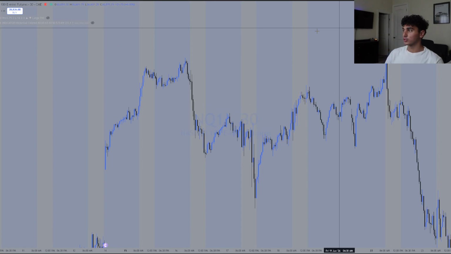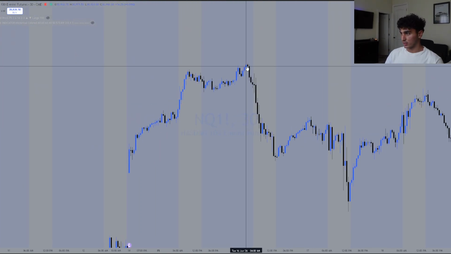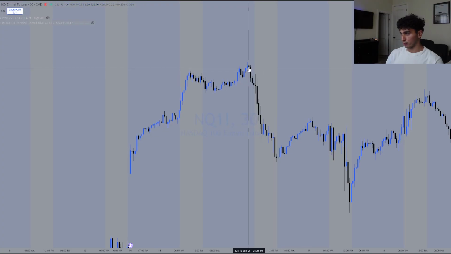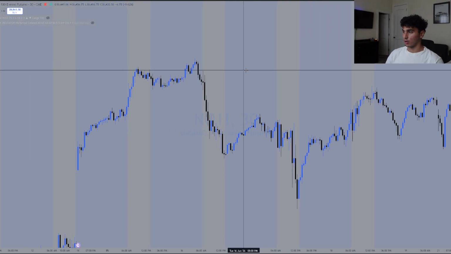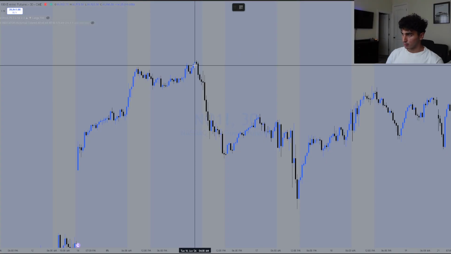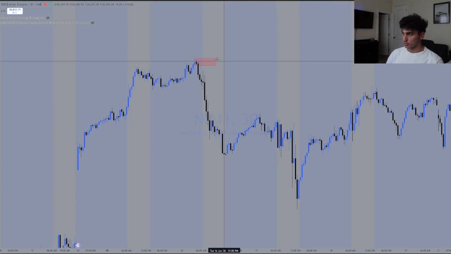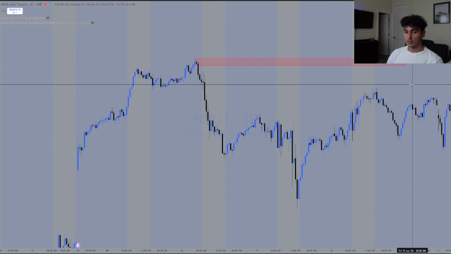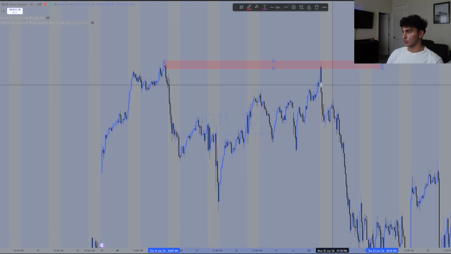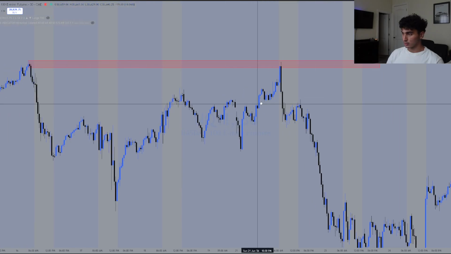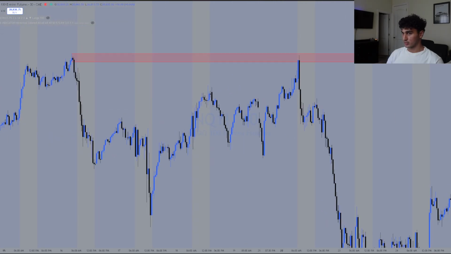So we're going to mark out this tiny black candle right here, and we're also going to connect it to this blue candle right here, because pretty much these two candles are what started our supply zone. So let's mark out these two candles, just get our zone out, very simple. We then want to extend this zone all the way out, and as you can see, we would wait for a retest back into that supply zone that we had drawn out.